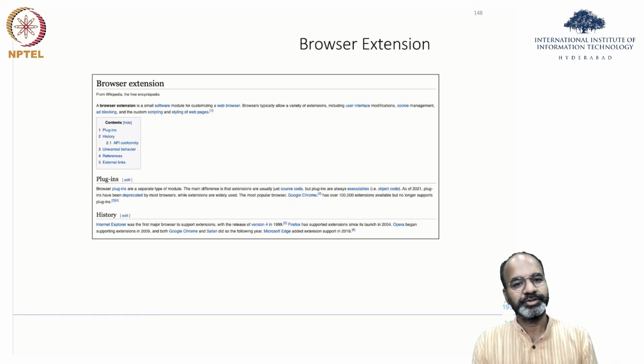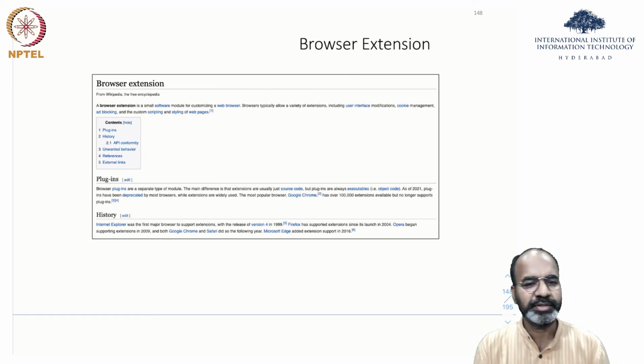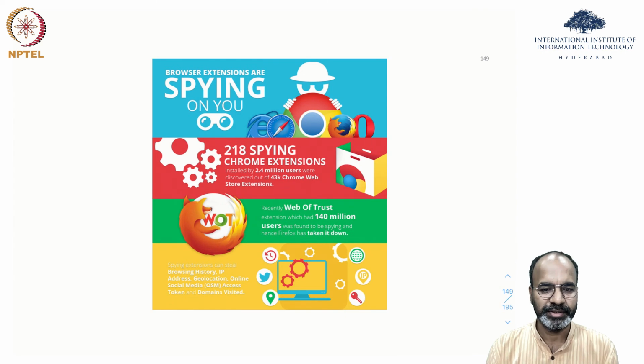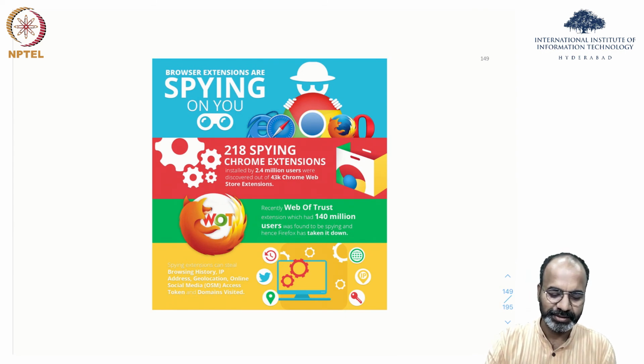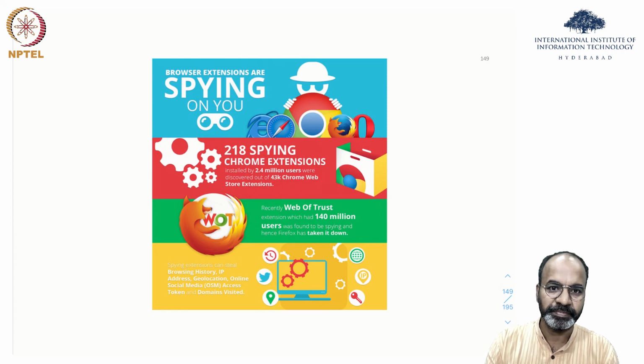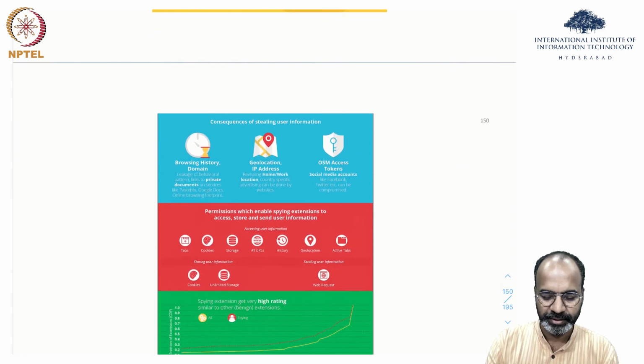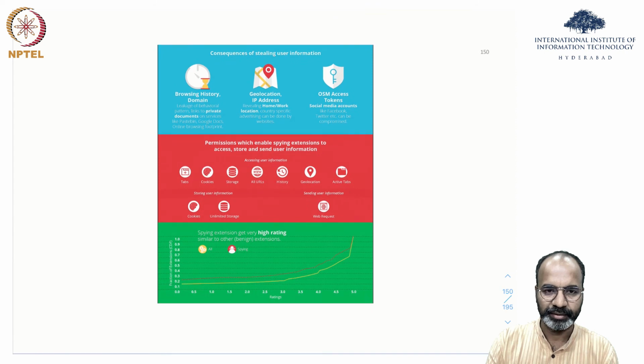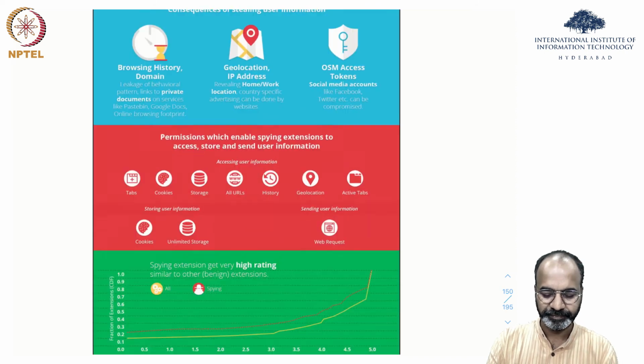Next was the browser extension, which is also interesting. Many of us use browser extensions for various reasons, right? Here we studied Google Chrome extensions to understand how they take personal information and share it with third parties. The spying on us is the topic that was interesting here.